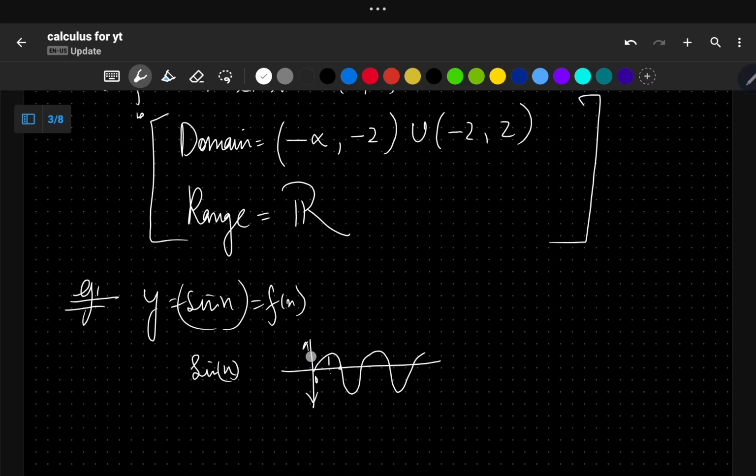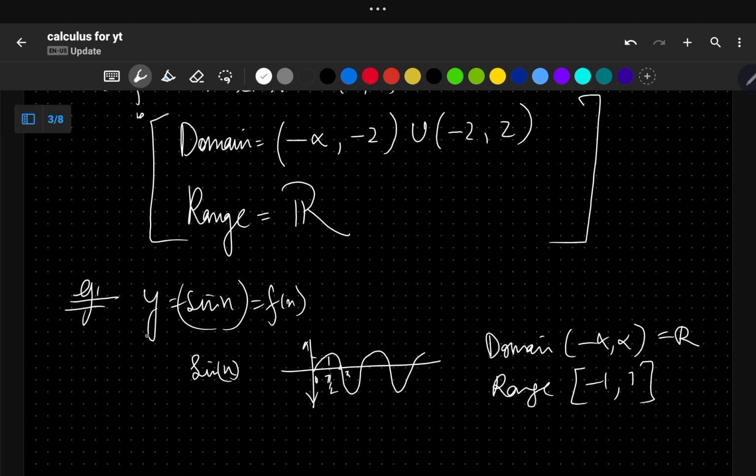This is 1 here at pi by 2, and this is pi, and so on, right? So here the domain is minus infinity to infinity, that is nothing but the real numbers, and the range is from minus 1 to 1. The possible outcome of y is the range.